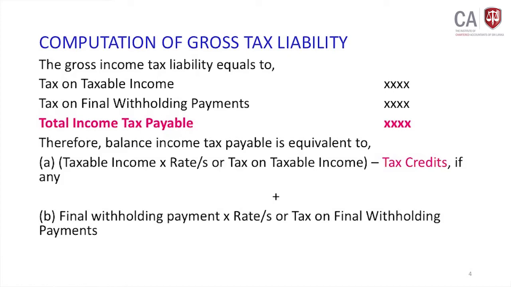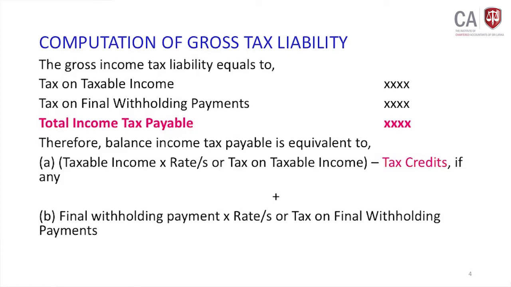That's why in part A, it is taxable income into tax rate, or tax on taxable income, minus tax credits. It is very, very important to know about the tax credits, if any, and plus final withholding payments, the application of the particular rate, or tax on final withholding payments. Then A plus B is the composition of your tax payable.